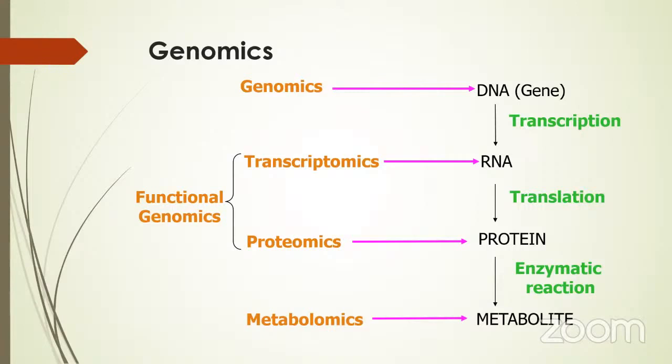If we look at the central dogma, we start from the chromosome, which has DNA, and DNA has different components: coding, non-coding, tandem repeats, and transposable elements like LINE, SINE, also called retrotransposable elements, and LTR, non-LTR.